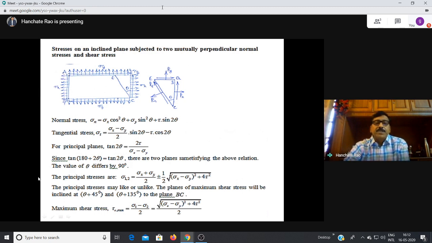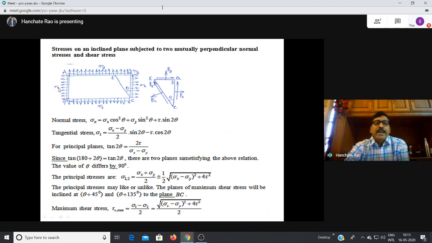We can calculate the principal stresses sigma 1 and sigma 2 by substituting tan 2 theta equal to 2 tau by sigma x minus sigma y in the sigma n equation. So the principal stresses are sigma x plus sigma y by 2 plus or minus half of under root of (sigma x minus sigma y) whole square plus 4 tau square.